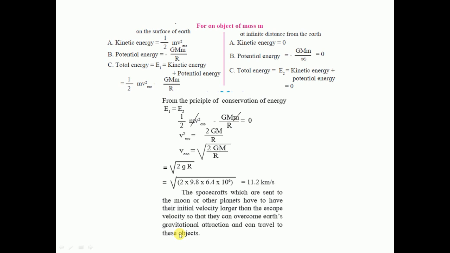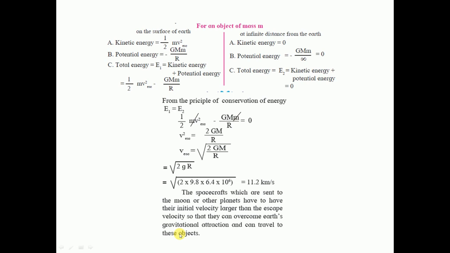or penetrate the Earth's gravitational field and travel to their planets. Now in the case of a satellite, you know that it is revolving around our Earth. So in the case of a satellite, the initial velocity is not the escape velocity.